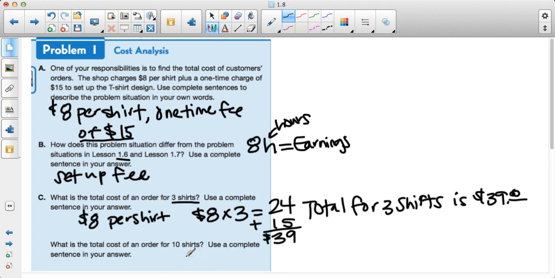How about 10 shirts? Again, hit pause, figure it out, and then hit play. It's going to be 10 times 8, because that's my fee, is 80, but then I have to add that 15, and that's going to give me 95. What if it's 100 shirts?